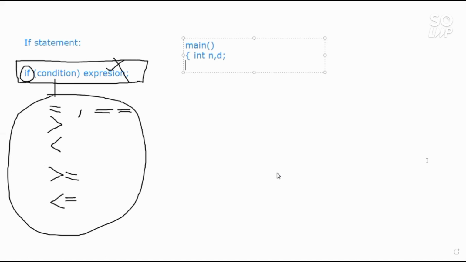I will give two numbers for n and d. The system will check the division. If it is divisible, it will let us know, okay, this is divisible. Otherwise, no.